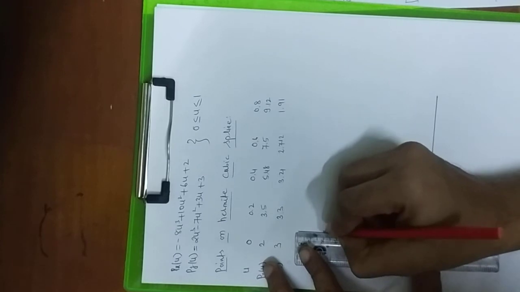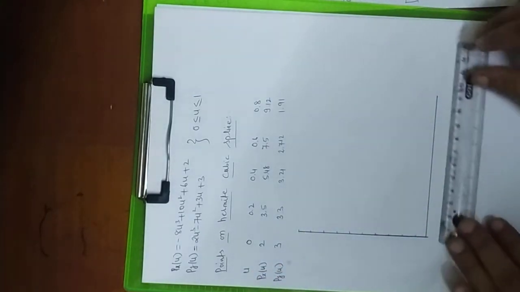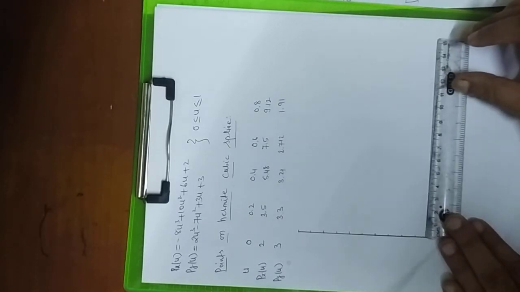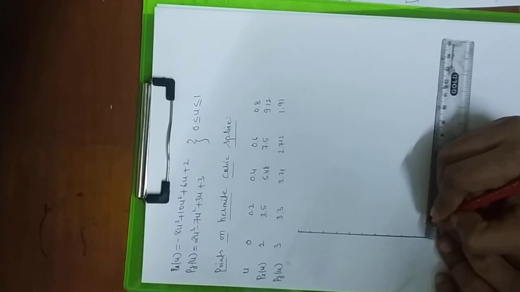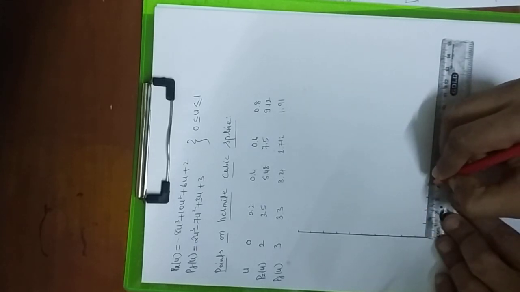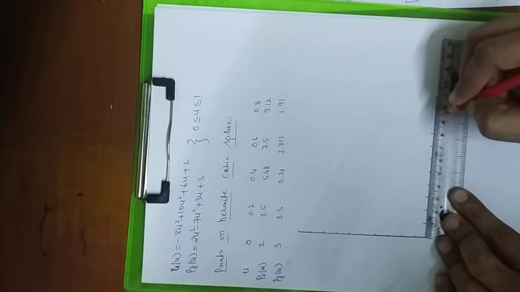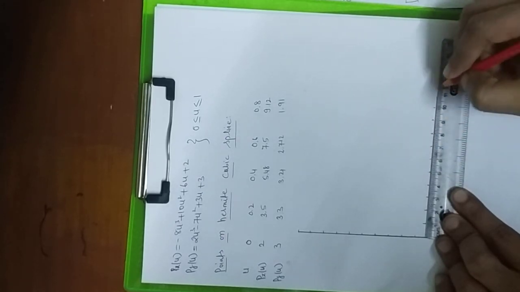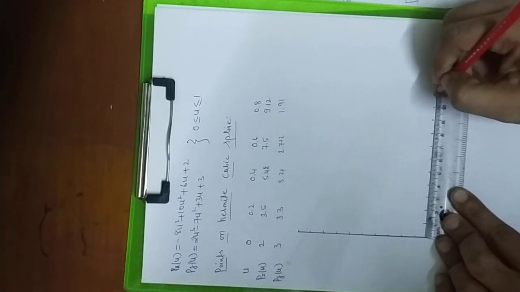You can use graph paper, this is no problem. If you use blank paper or your book paper, that is also okay, but in graph paper you will get better accuracy compared to this, because in graph paper you will get everything in the indicated way. It is much easier.